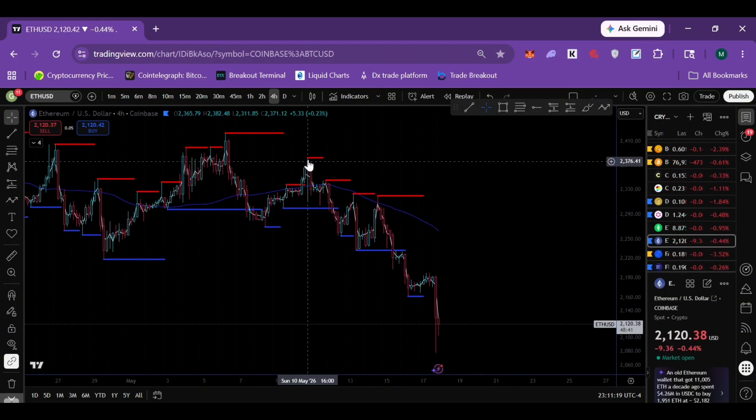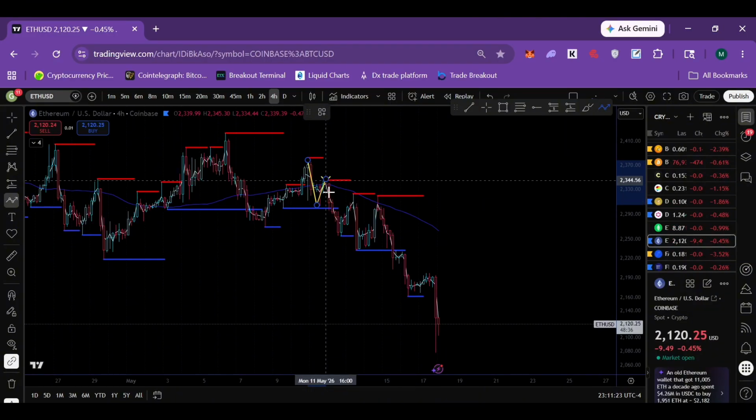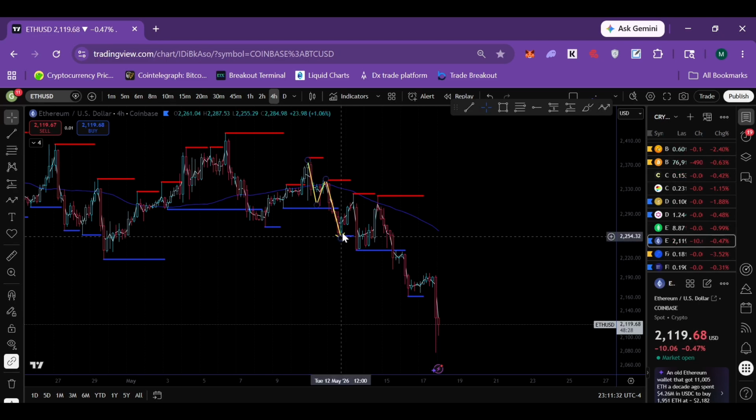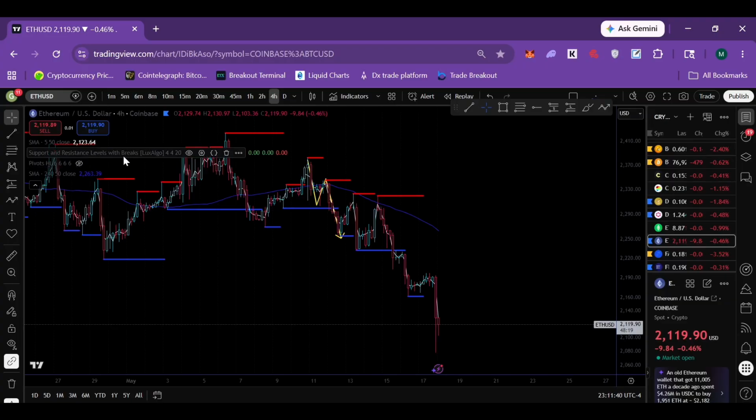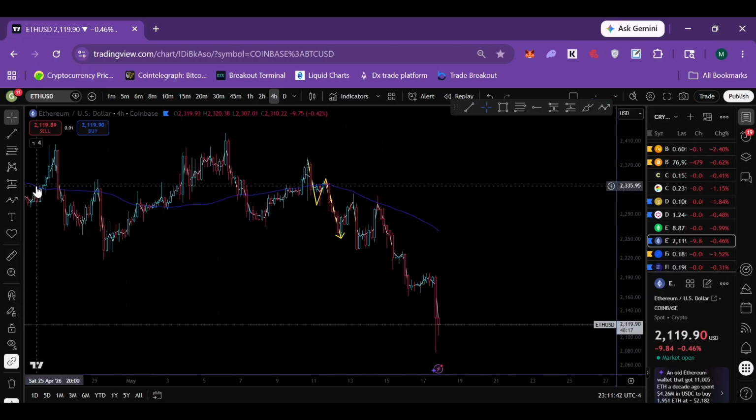So let's say we've already seen this 1, 2, 3, and let's say we're now looking for a potential entry. Like I said in the prior video, we are typically trying to find our entries around this lower high.